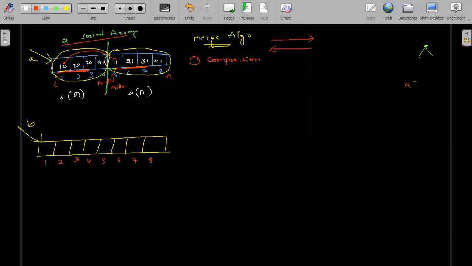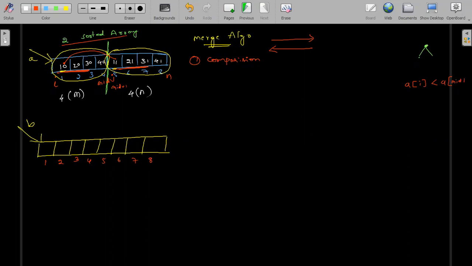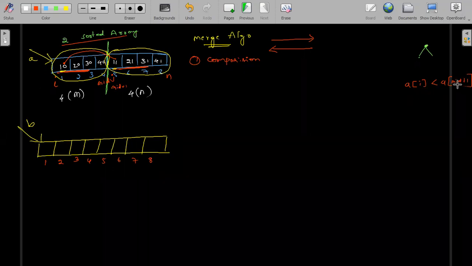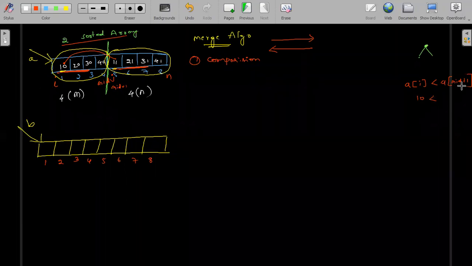That's the reason there is a code. You can see A of i right now, greater than or less than, take whatever you want. Again, A of mid plus 1, or you can take j also, no problem. A of i is nothing but 10. So 10 is less than A of mid plus 1.